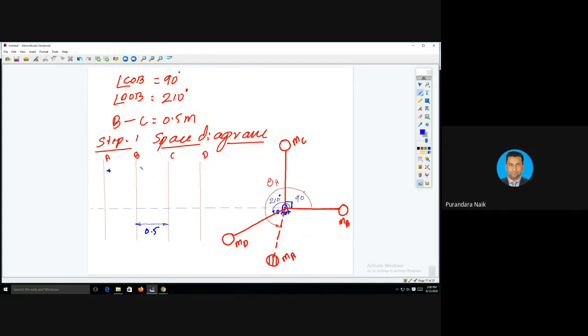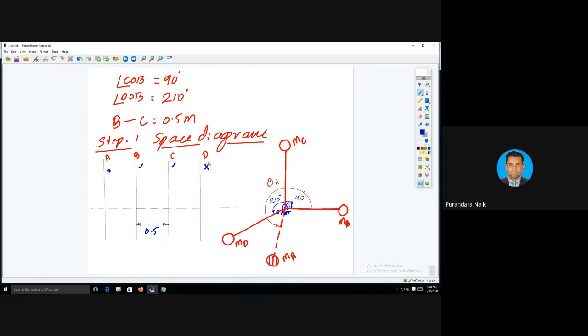So B is better than A. For A, all 3 distances are unknown, but for B one is known and 2 are unknown. Next, go to C. Distance between C to B is known, C to A is unknown, C to D is unknown. This is also better than A. B or C is better than A. Next, if you come to D, distance between D to C is unknown, D to B is unknown, D to A is also unknown.